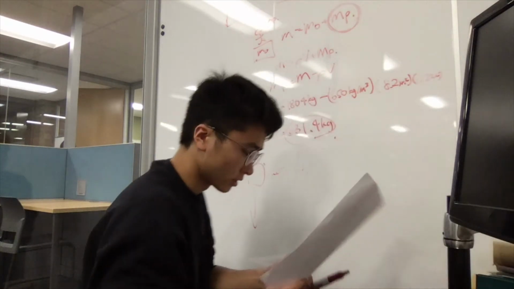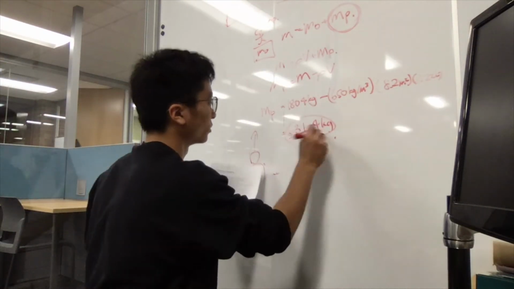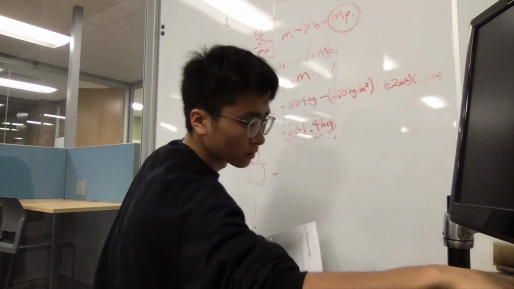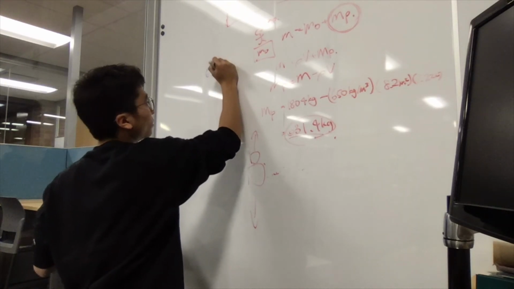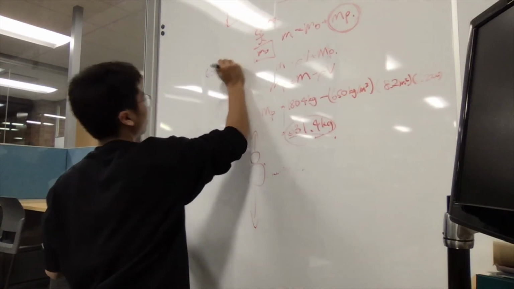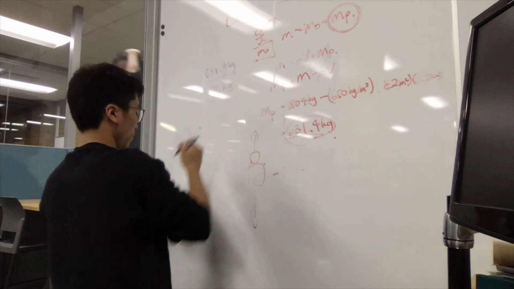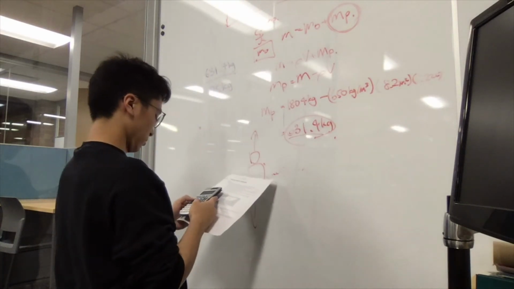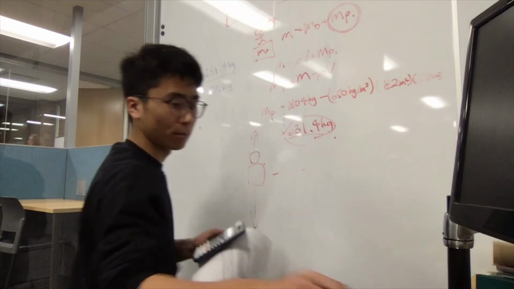And it says each person weighs 75 kilograms. All you have to do is divide 631.4 kilograms by 75 kilograms, which is 8.41.